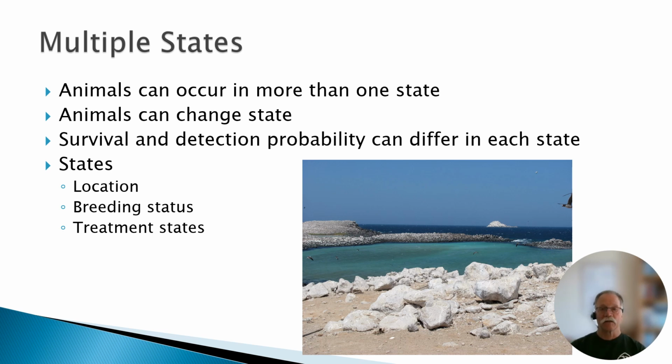Breeding status is another key state that's often examined with these models. If we're looking at sea turtles, for instance, you might look at turtles that come to the beaches on a particular year versus turtles that are staying away and are not breeding. And this could also refer to treatments.